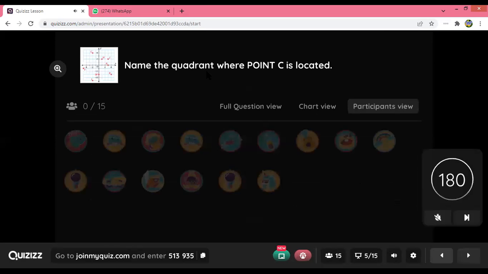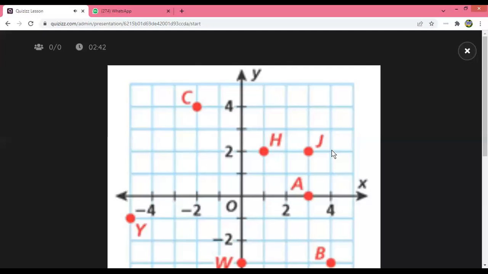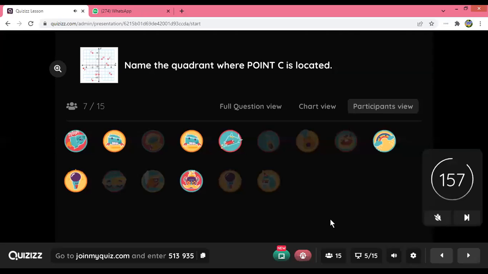It says, name the quadrant where the point C is located. So first you need to check where point C is and then locate the quadrant. This is the first quadrant, that's the second quadrant, third and the fourth quadrant. Which quadrant has the point C? I'll give you 10 more seconds.